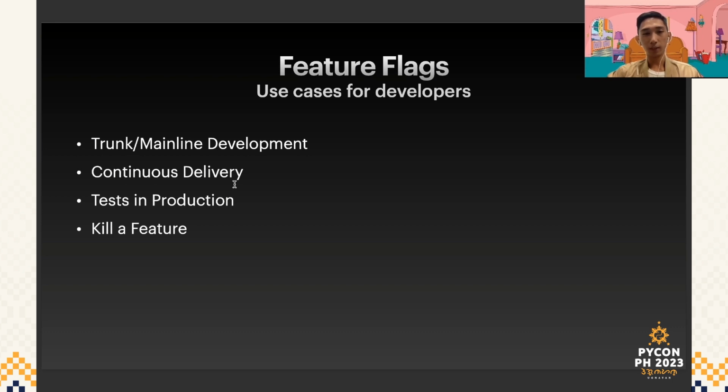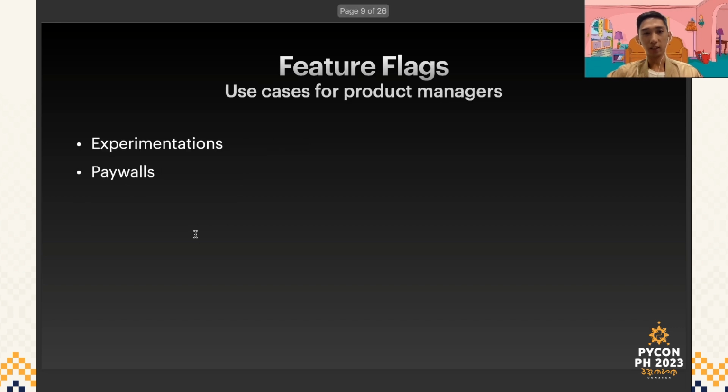Since the deployment for CI/CD is continuous, when changes are causing issues, we can use feature flags to disable it. So we can also test in production and kill a feature, which is all connected to the previously mentioned use cases. And we also have use cases for product managers.